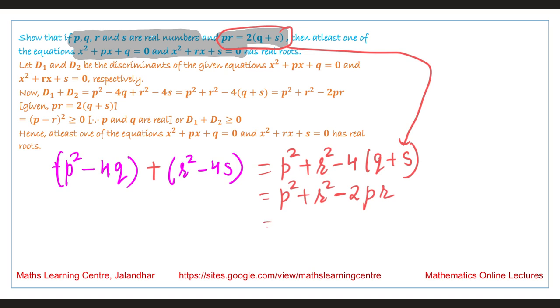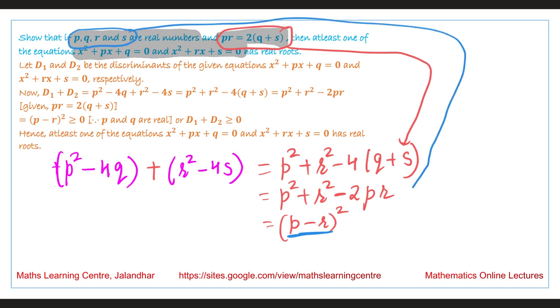So this term becomes equal to (p minus r) whole squared. Now p, q, r and s are given to be real numbers, so (p minus r) squared is greater than or equal to 0. So what we have obtained is that the discriminant of the first plus the discriminant of the second is greater than or equal to 0.